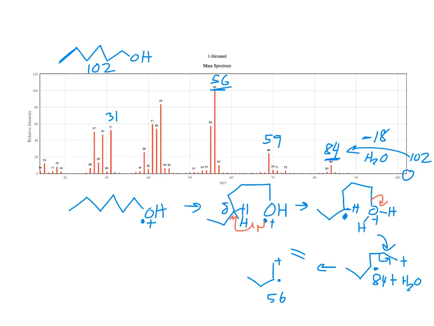And I think that's enough. 31 was one of those we did from the ether. So it takes one of those hydride or hydrogen atom shifts to get there. I think we only easily lose water for primary alcohols.